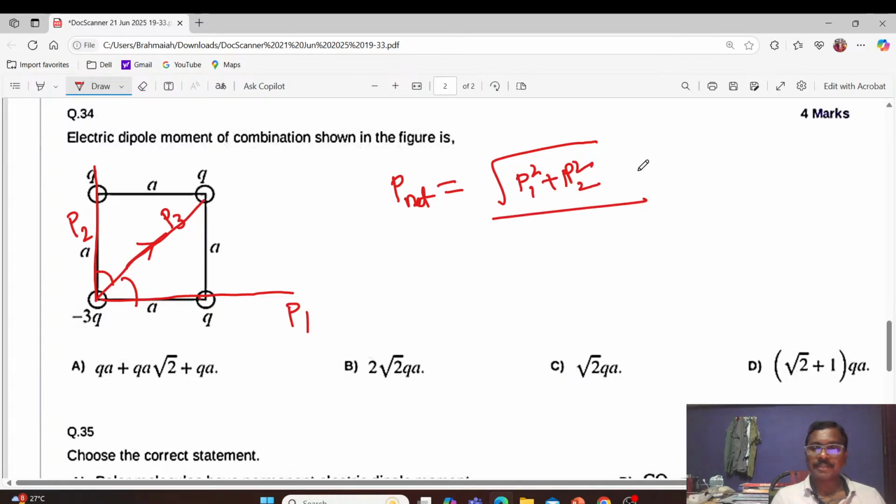Right? Because it is cos 90 equals 0, then here plus P3 we have to calculate. Then if you calculate this, what you will get? So here we have to calculate the electric dipole moment of combination as shown in the figure, they have asked.